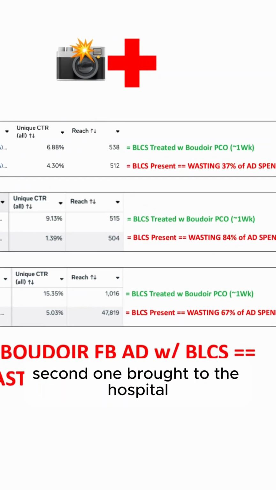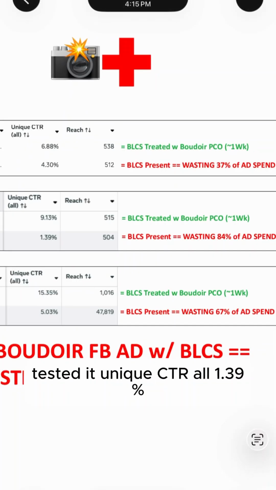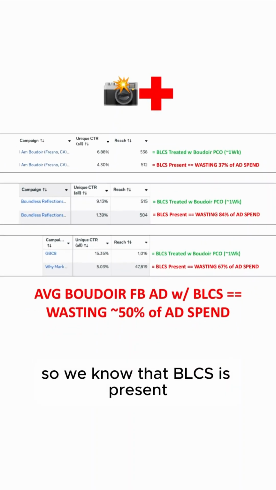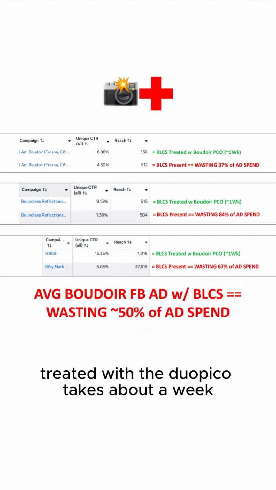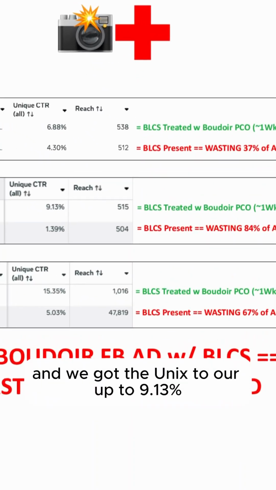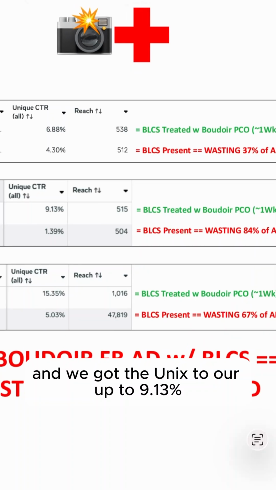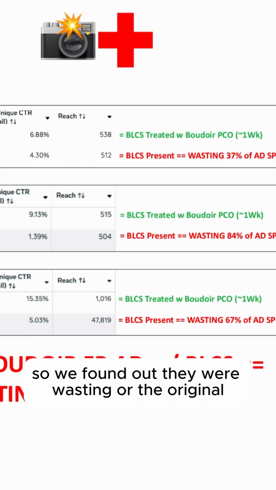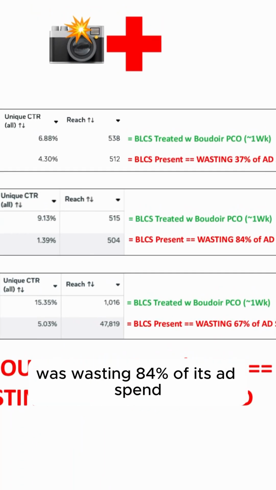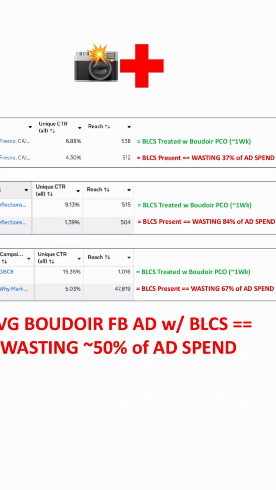Second one, brought it to the hospital, tested it, unique CTR 1.39%. So we know that BLCS is present. We did the same thing, duplicated it, treated it with boudoir Pico, took about a week, and we got the unique CTR up to 9.13%. So we found out the original was wasting 84% of its ad spend.